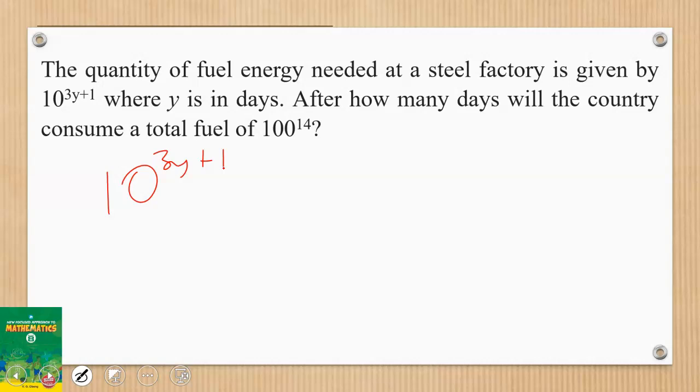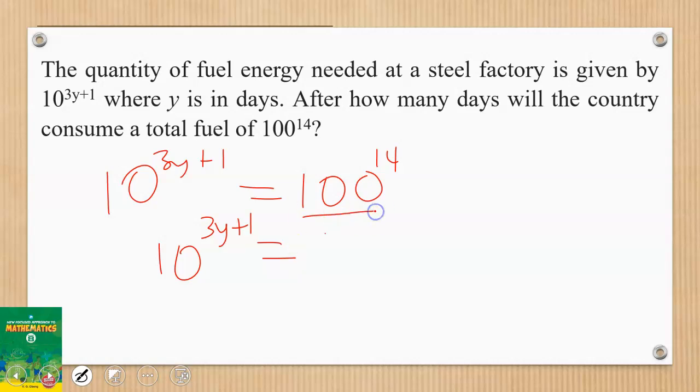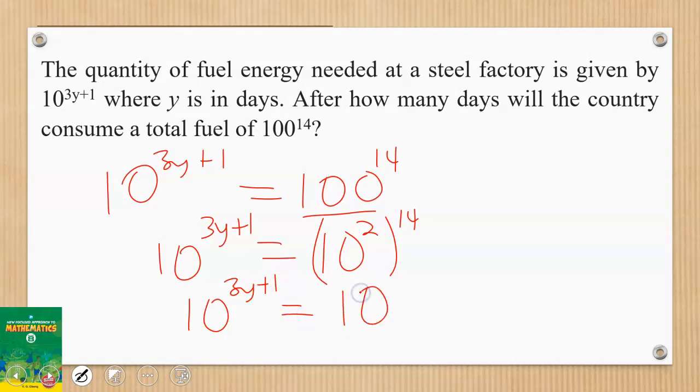After how many days would the factory consume a total fuel of 100 to the power 14? We have this as 10 to the power 3y plus 1, and 100 to the power 14. 100 can be written as 10 to the power 2, then all to the power 14. I can maintain this one as it is, and this will be 10 to the power 28.